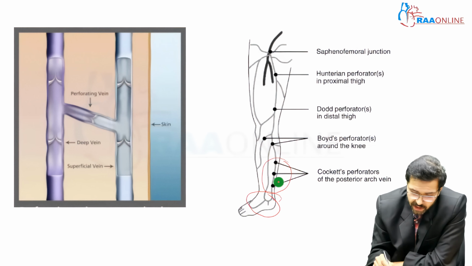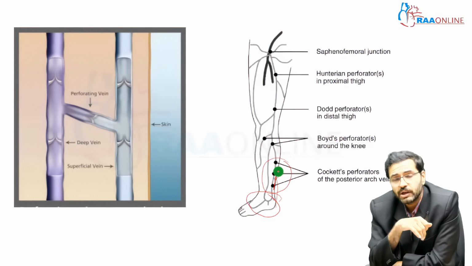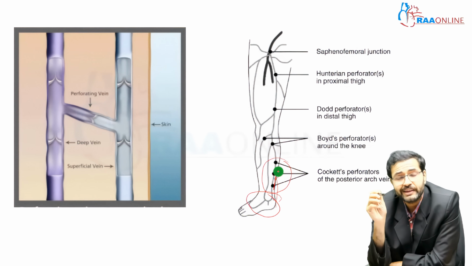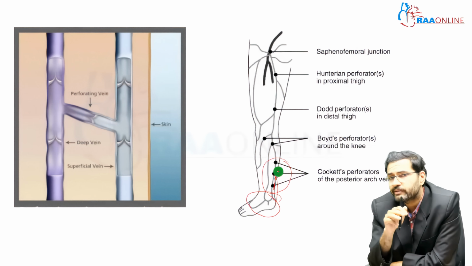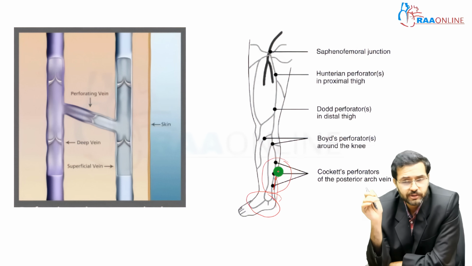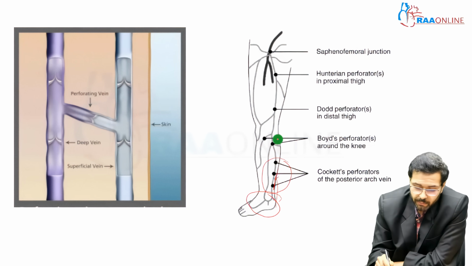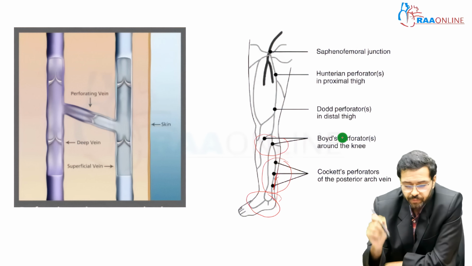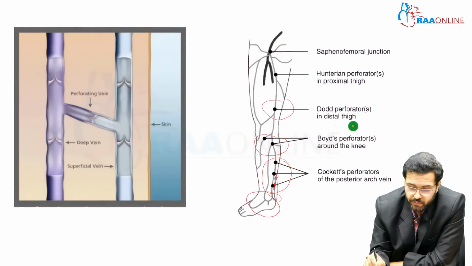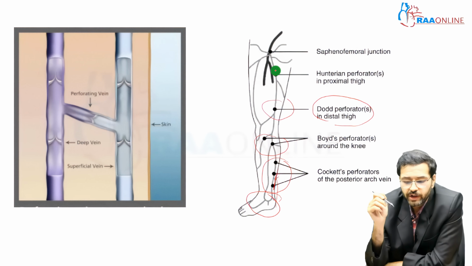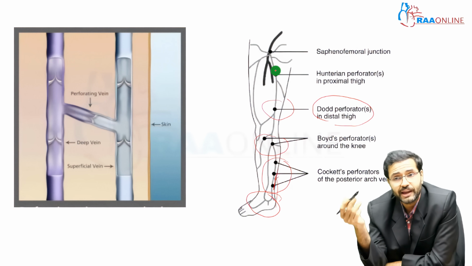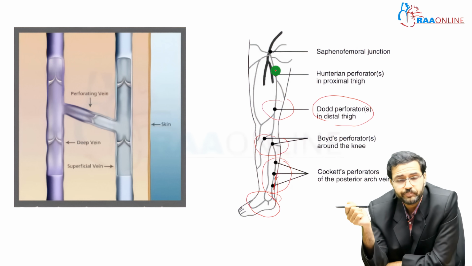About 5 centimeters above the calcaneum, adjacent to the tendo Achilles, we have the Bassi paraachillean perforator, which is again a named perforator, but it's usually missed. Then you have the below knee perforators of Boyd, the above knee perforators of Dodd, and the mid thigh perforator of Hunter, or Hunterian perforator as it's called.